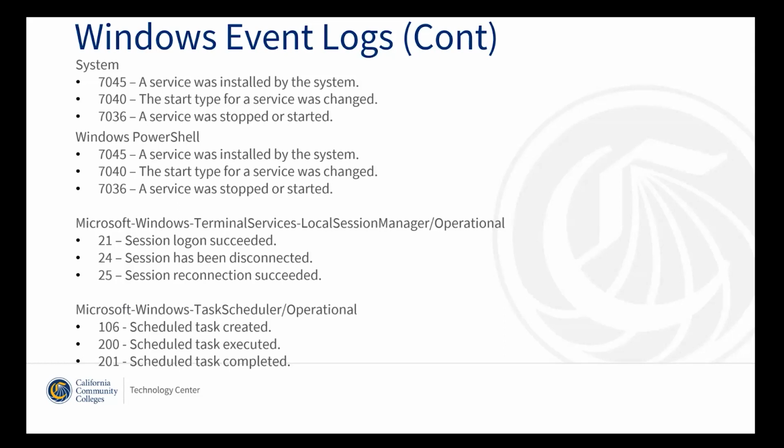I'm not going to read through all of it, but you can review this presentation later. These are critical events that you should be collecting and be able to reference in an investigation, because a lot of unauthorized access and malicious software activity will pop up in these events.